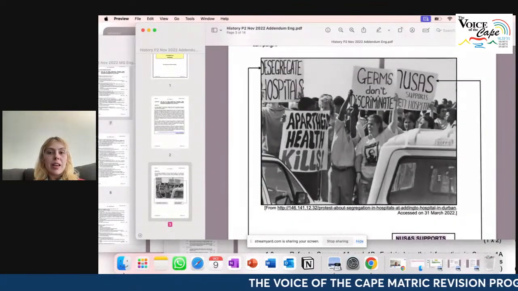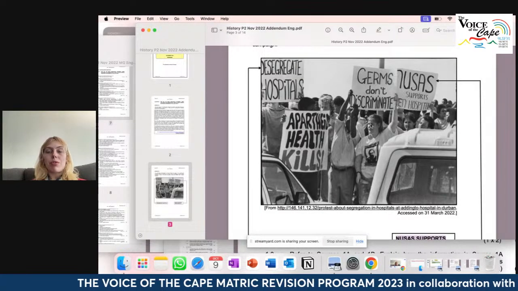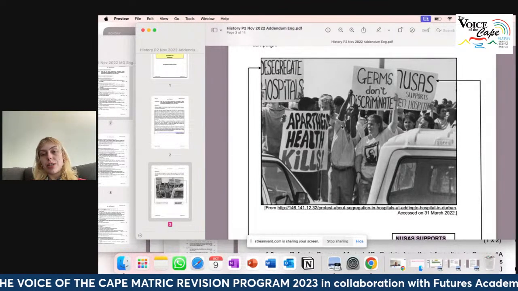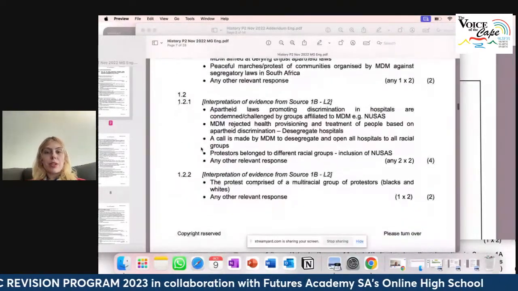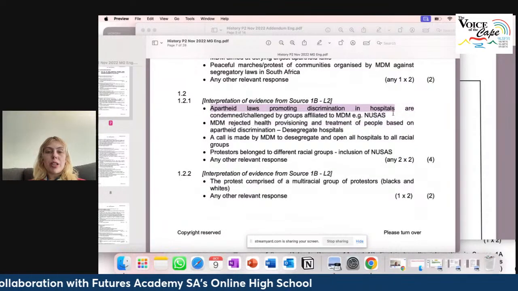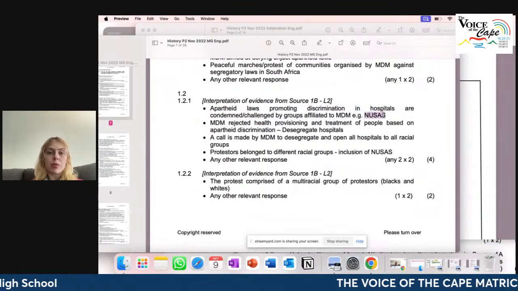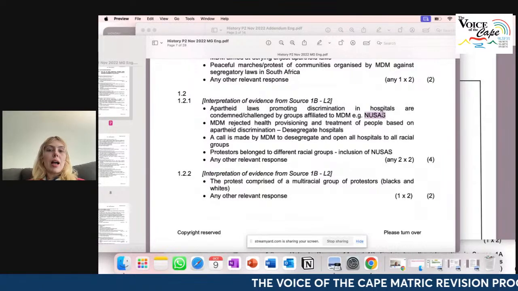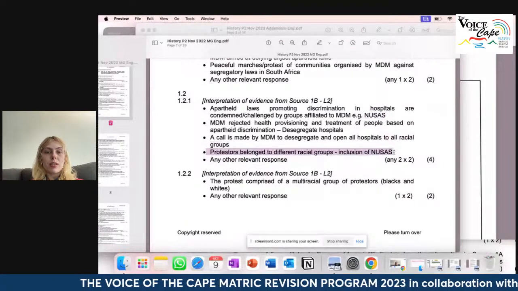We also see that the people that came to protest was not a racially separated group; it was a racially inclusive group. So you'll see here apartheid laws promoting discrimination in hospitals are condemned, challenged by groups affiliated to the MDM, for example, the NUSAS we mentioned. Protesters belong to different racial groups, the inclusion of NUSAS.